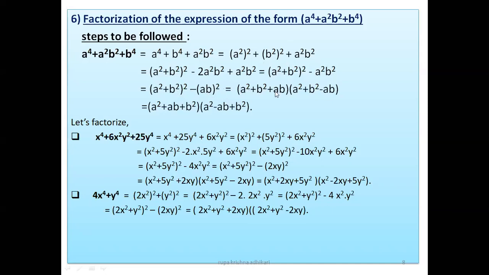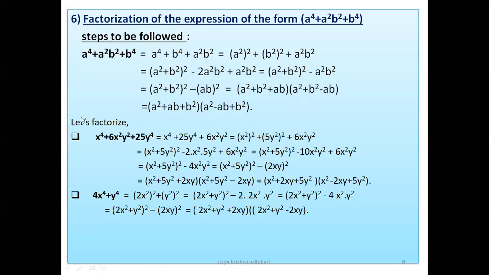That is (a square plus b square plus ab). On arranging, you will get (a square plus ab plus b square) into (a square minus ab plus b square). So you can directly write this kind of expression as this: (a square plus ab plus b square) into (a square minus ab plus b square). How? By following these steps or rules.